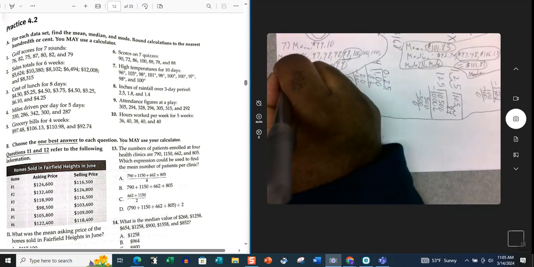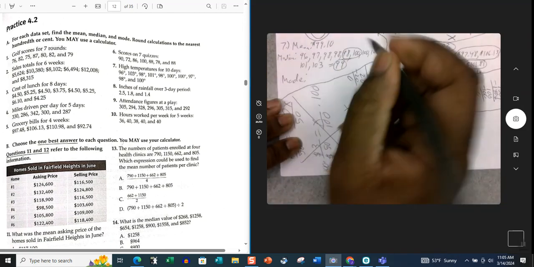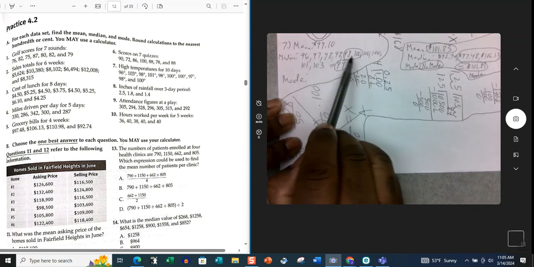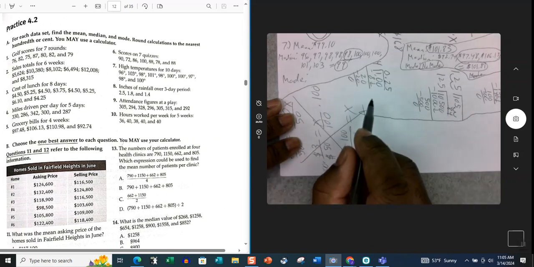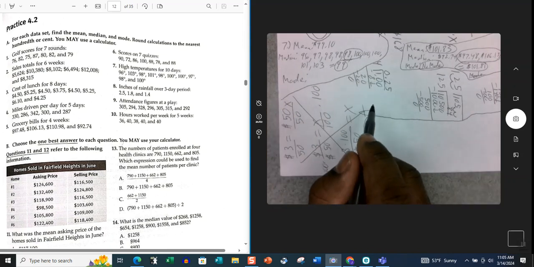So now we go here to the mode. The mode is the number or numbers that appears the most. So if you notice, 98 appears 3 times, 100 appears 3 times. So what would happen here is we would have actually 2 modes. Now remember, we talked about that earlier.